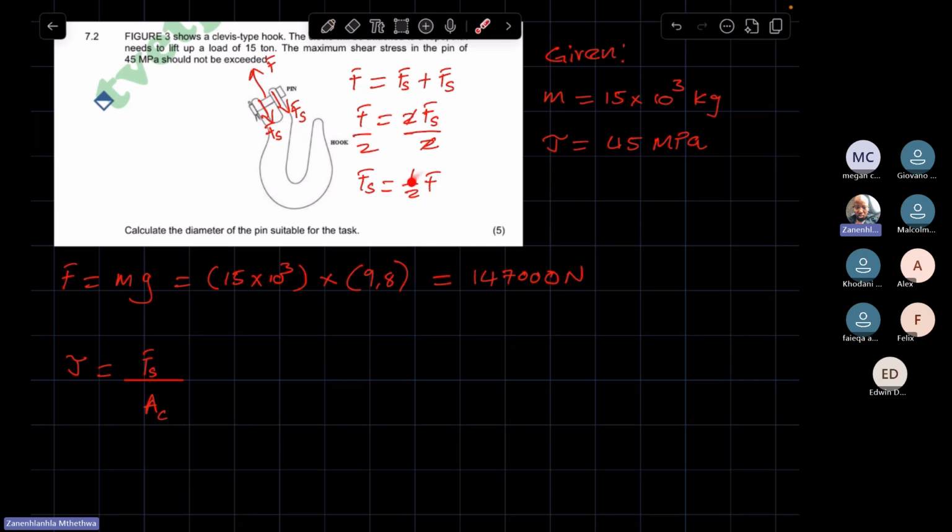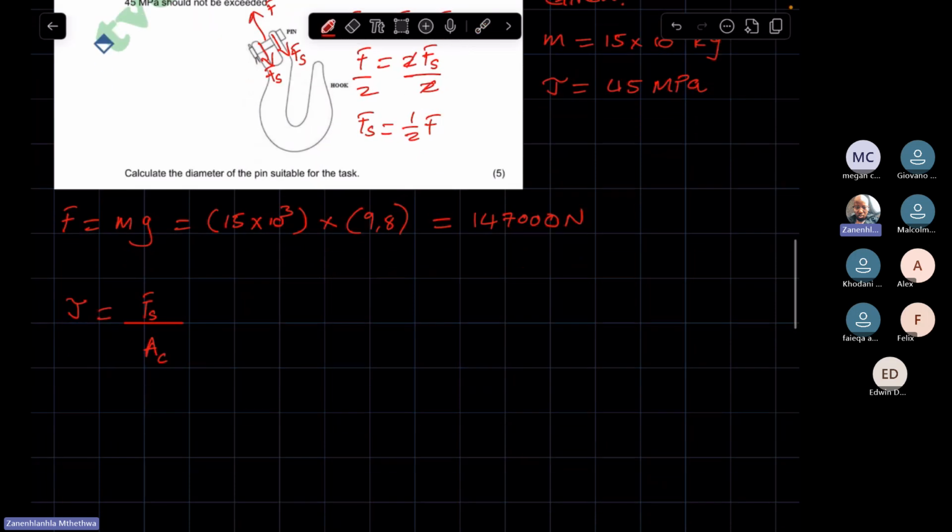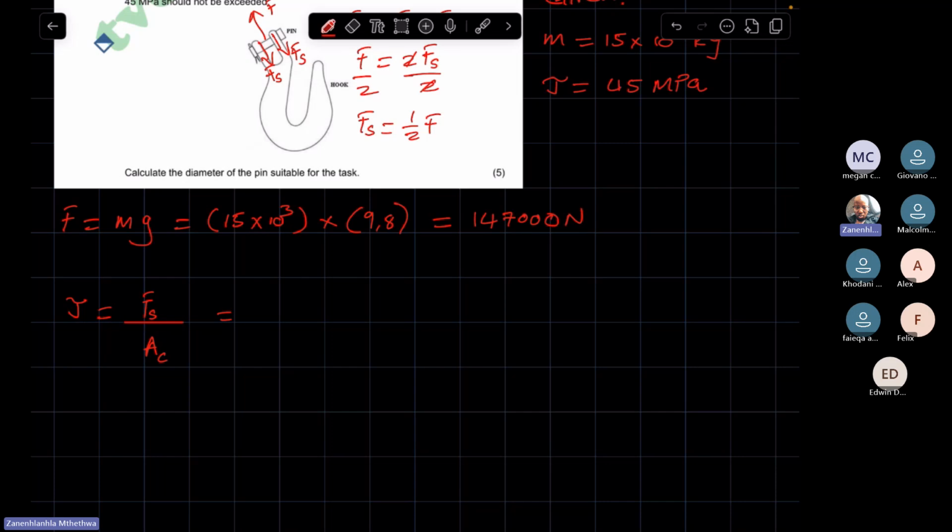Now we've already calculated the tension on the rope, so you can simply replace this shearing force with half the tension on the rope. Essentially, this is equal to force over 2 times the area of cut.